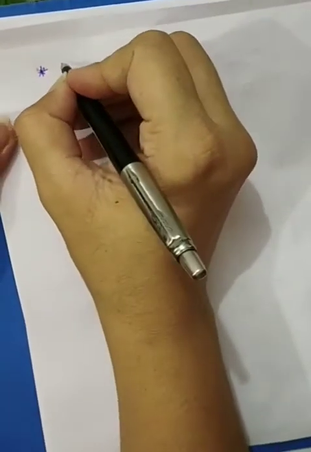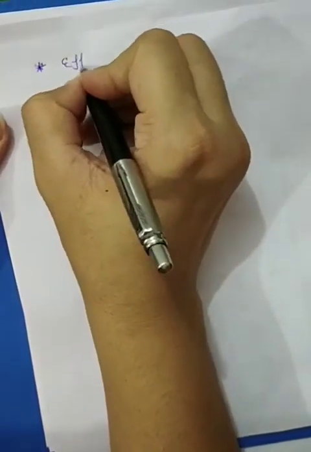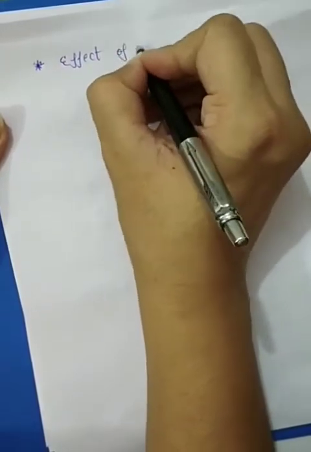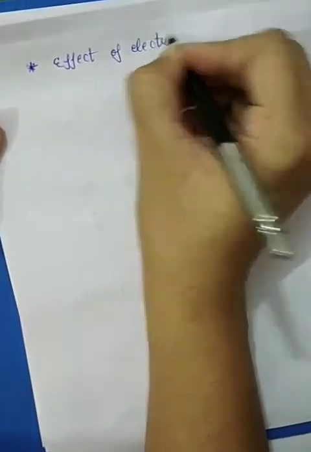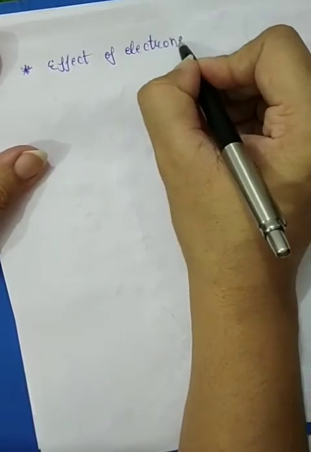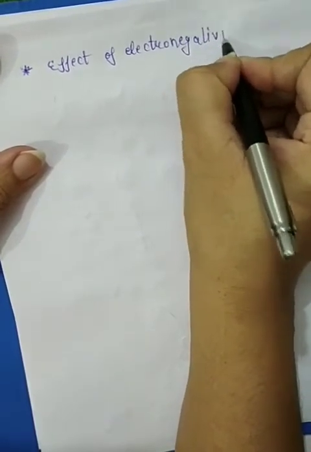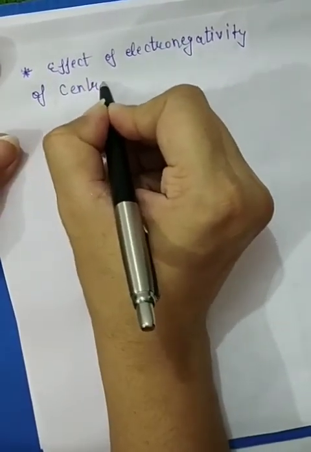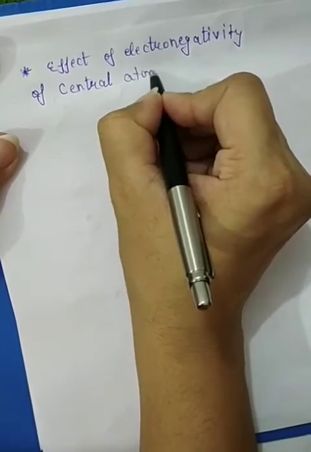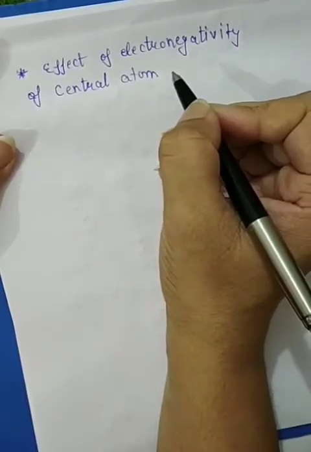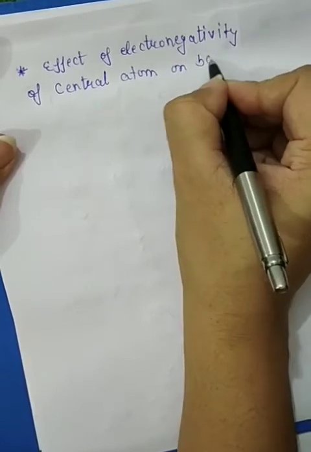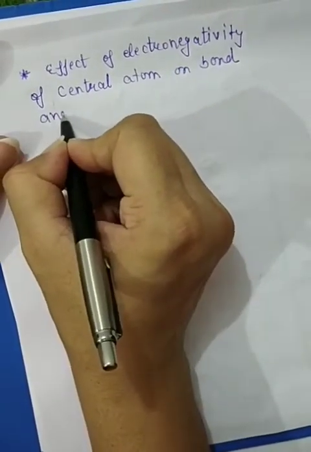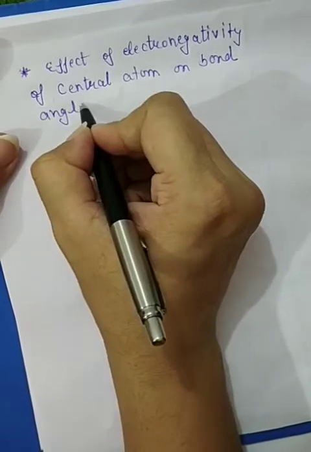Now let's discuss some points asked in the examination related to hybridization, that is the effect of electronegativity of the central atom on bond angle.